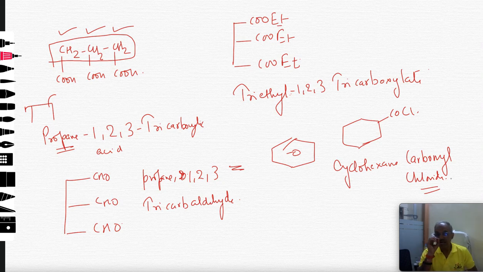This nomenclature is a very important part, because depending upon the names of a particular compound, when you see the different chemical reactions in future, the same type of IUPAC nomenclature is used. Right? Now we'll go to the next topic.